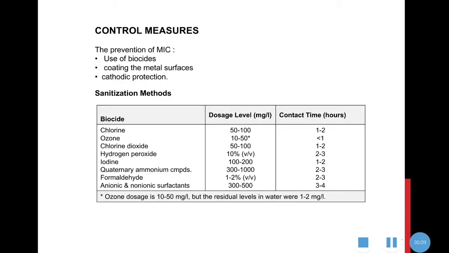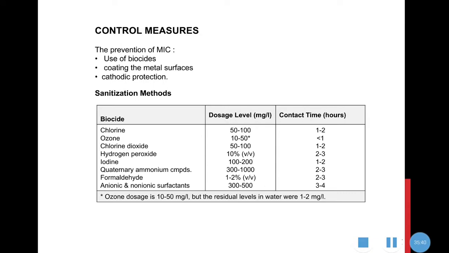Okay, how to ataupun to control the MIC ataupun control measures. Okay, to prevent, actually we cannot prevent, we just control the MIC. Okay, by using the biocide. Okay, by coating the metal surface, and then ataupun kita boleh guna cathodic protections.